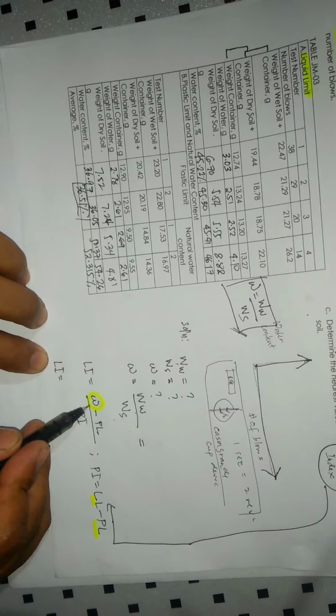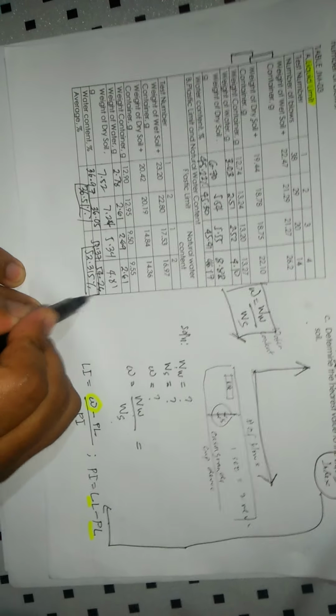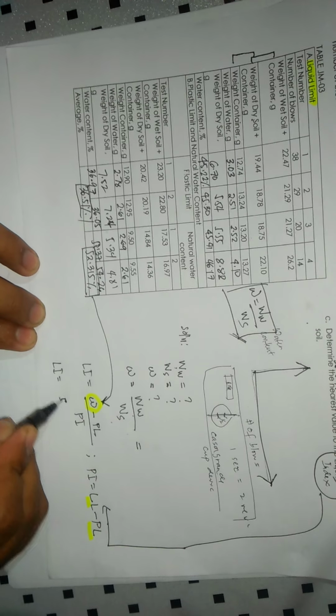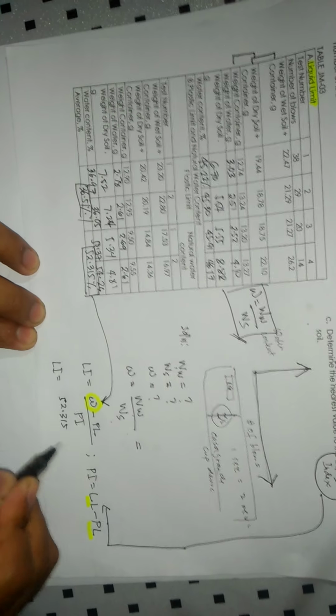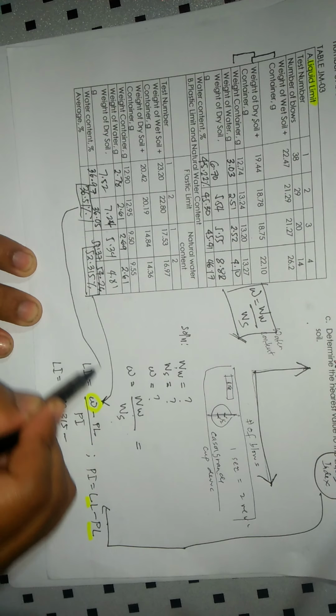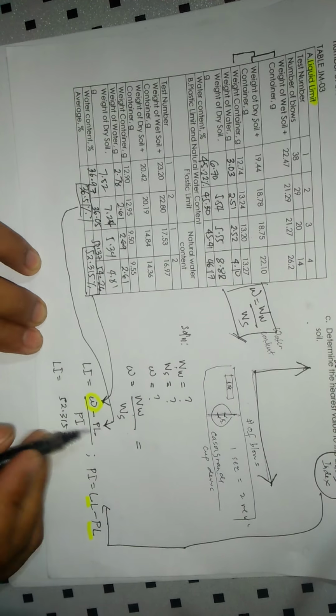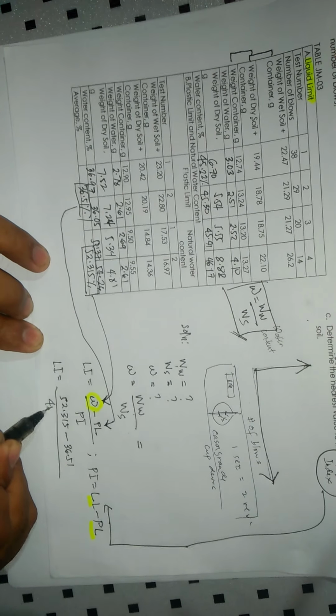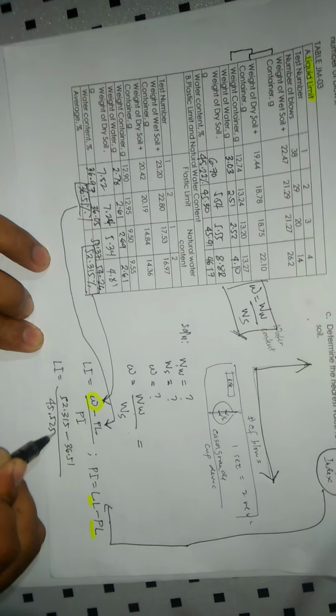Okay? So, solving for your LI. How to solve for your LI? LI would now equal to water content. This one is your water content. Okay? 52.315 minus your PL. Your PL is this one. Okay? 36.51 divided by LL natin. LL mo is 45.525 minus 36.51.